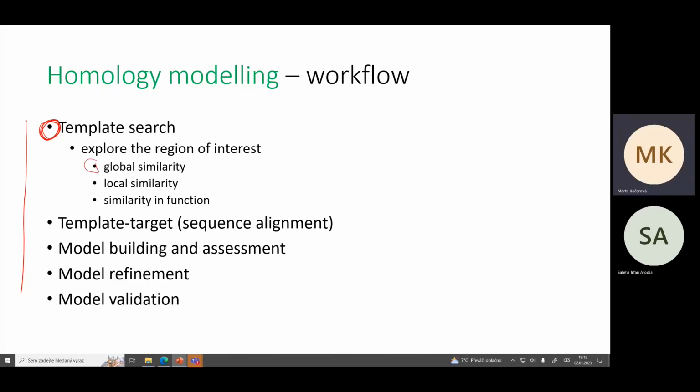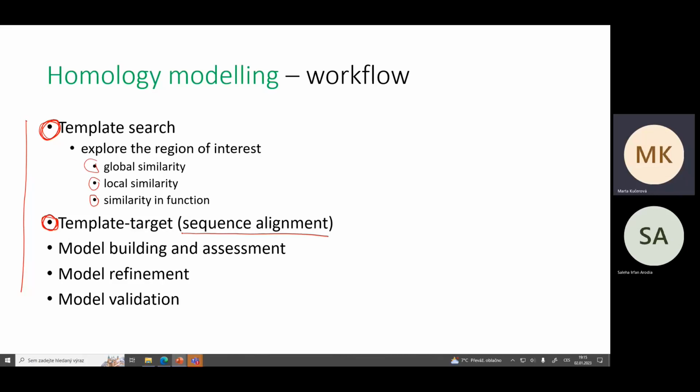We have to explore the similarity, local similarity in the binding site, and check the similarity in function. The second step, when we find the template, we usually perform sequence alignment to find the position of the amino acids, to find the highest sequence identity.